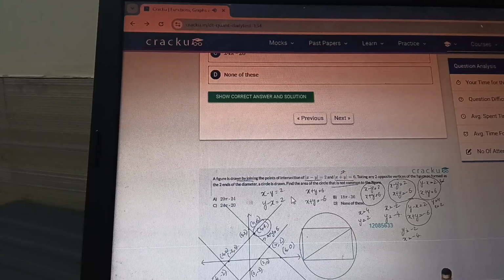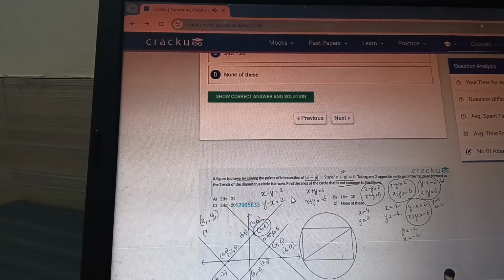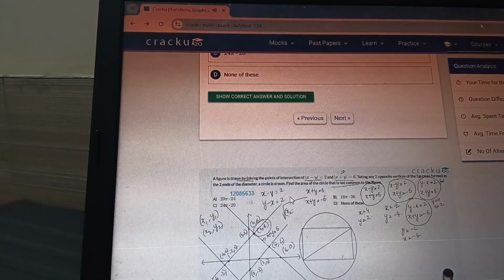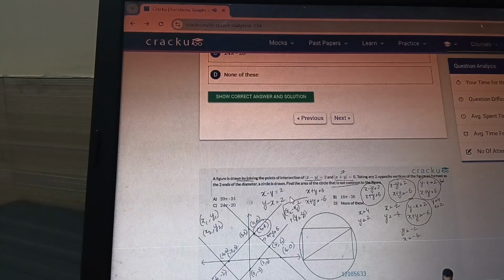What is the distance between 2 points? If the 2 points are x1, y1 and x2, y2, the distance between both of these points is square root of x2 minus x1 whole square plus y2 minus y1 whole square.